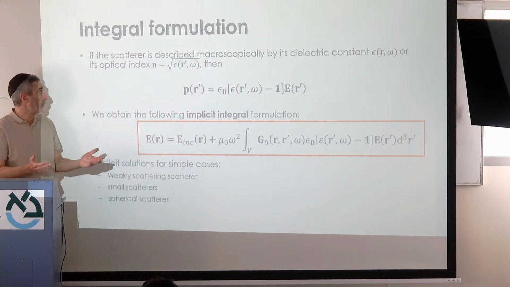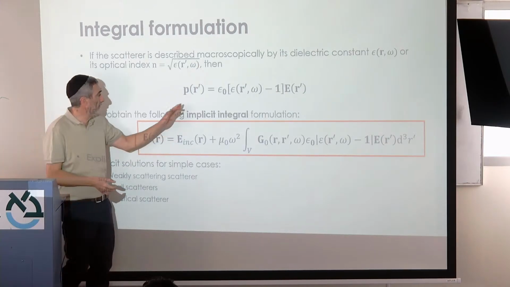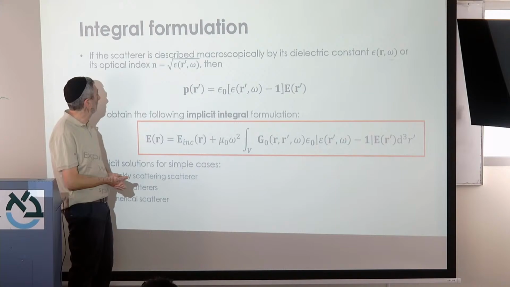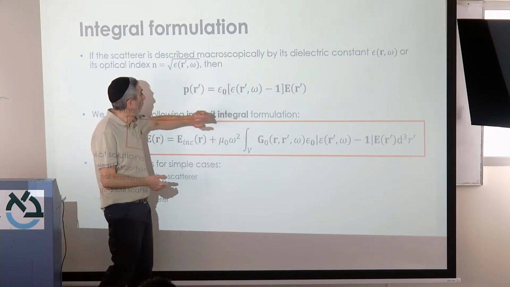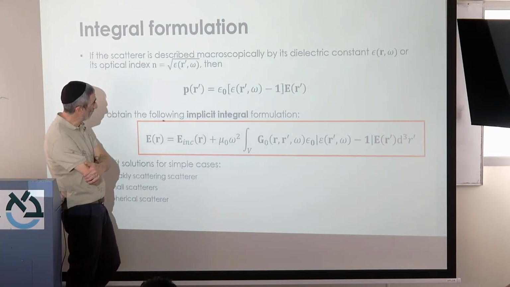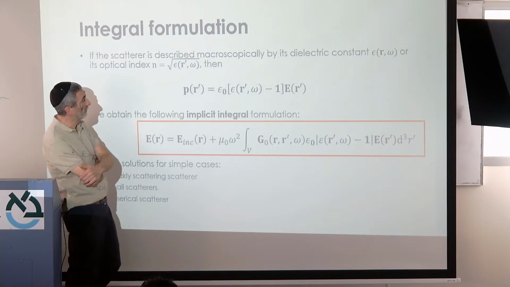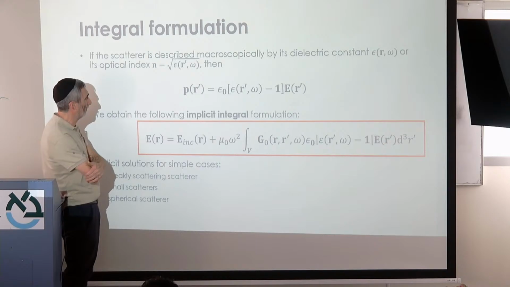There is a way to reformulate this integral equation by writing that the polarization is given by this expression. So what is epsilon? The scatterer is described macroscopically by its dielectric constant epsilon, or the index of refraction, which is the square root of epsilon.